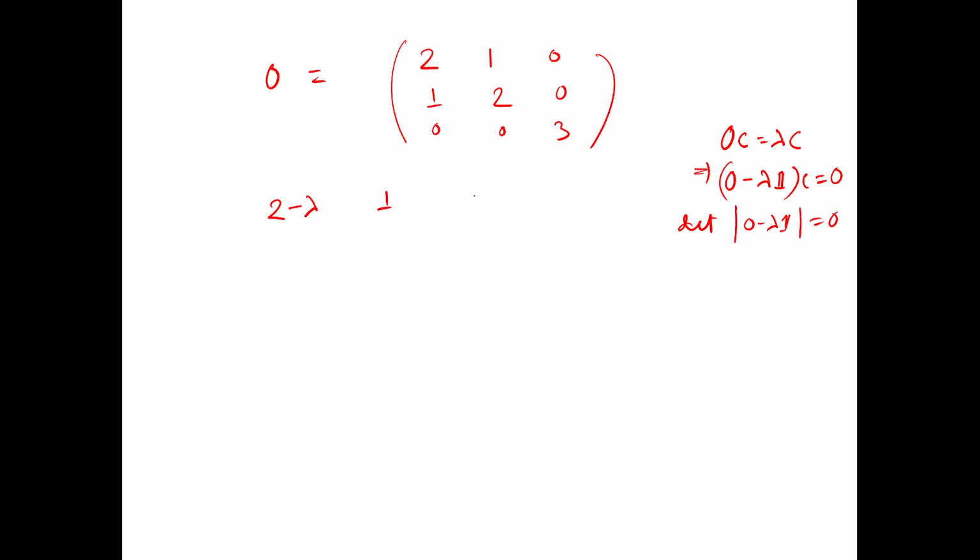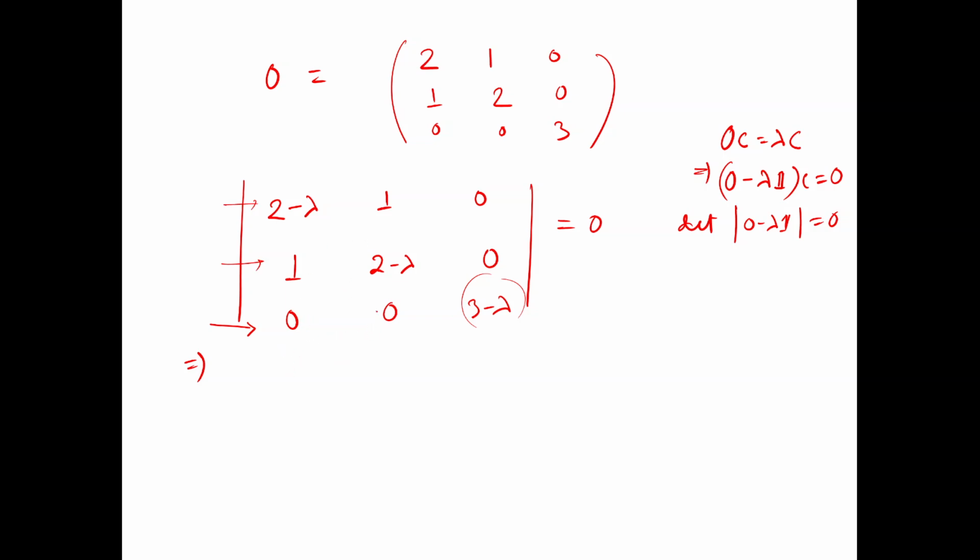So you have 2 minus lambda, 1, 0; 1, 2 minus lambda, 0; 0, 0, 3 minus lambda. This is your determinant, and let's put it equal to 0. I will expand along this row because two elements are 0 here, so I only have to calculate this 3 minus lambda. Otherwise you could have done it along this row or this row, but I think this is the best way.